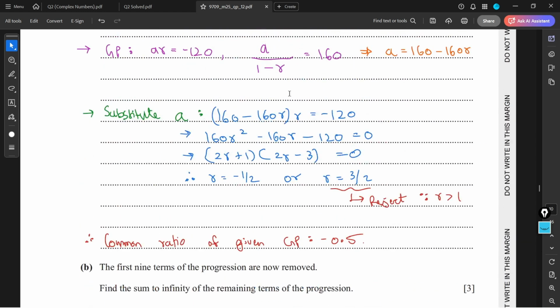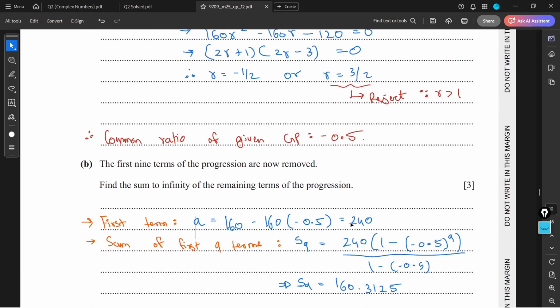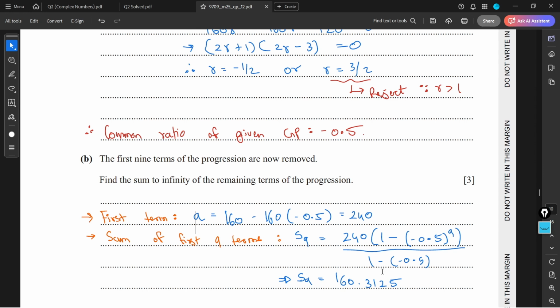Using the equation that I found, I did 160 minus 160 times r, which is minus half, to get the first term as 240. And then I found the sum of the first 9 terms using the formula for the sum of the first n terms of a GP, that is a times 1 minus r to the power of n divided by 1 minus r. In doing so, I got that the sum of the first 9 terms is equal to 160.3125. This was the exact value that I was getting from the calculator.